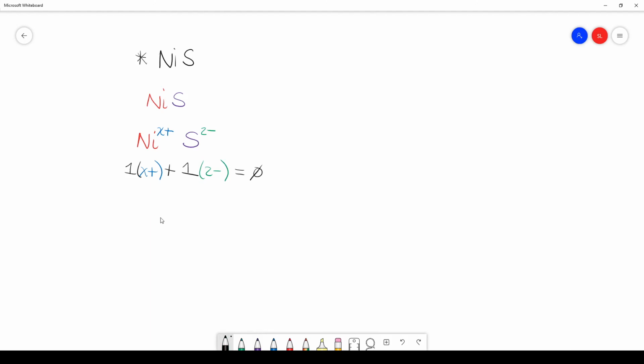So X minus 2 equals 0, and that gives me X equals 2 plus. The charge on the nickel is 2 plus. So I have nickel 2 plus, and my S2 minus didn't change.